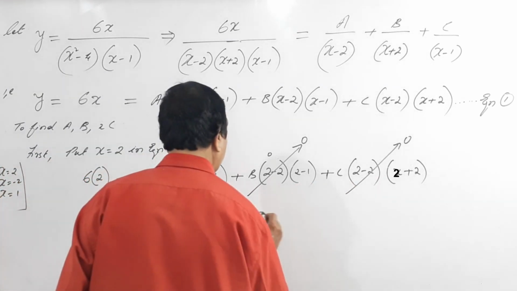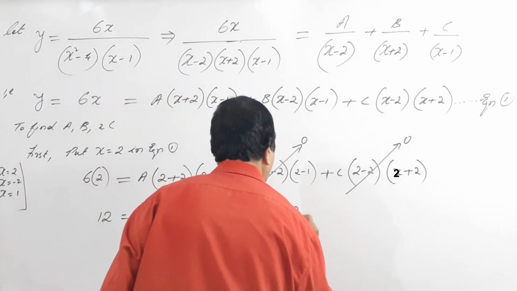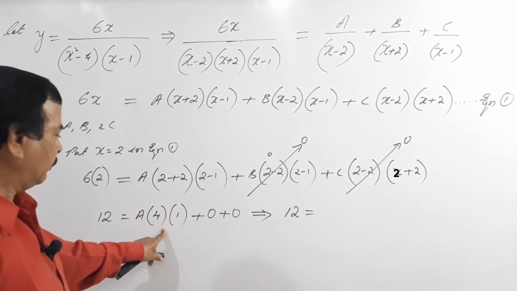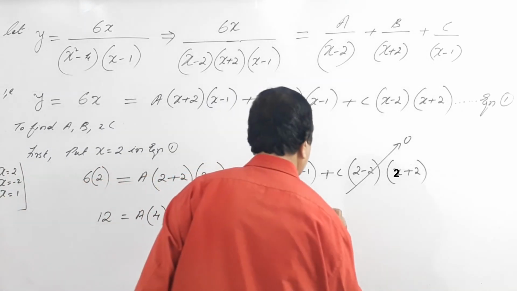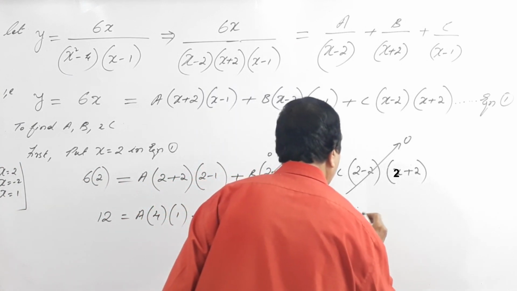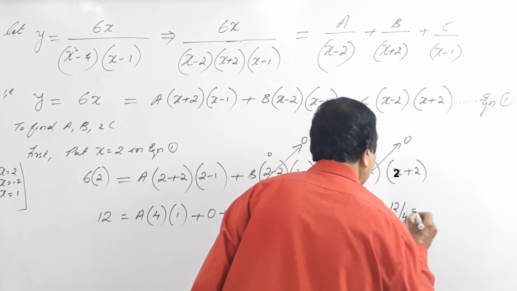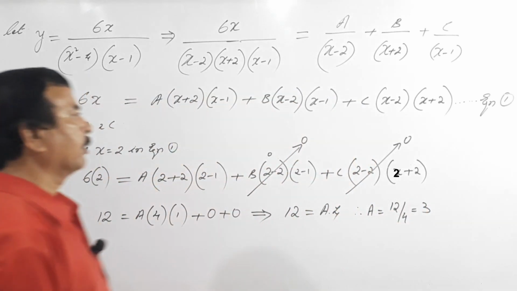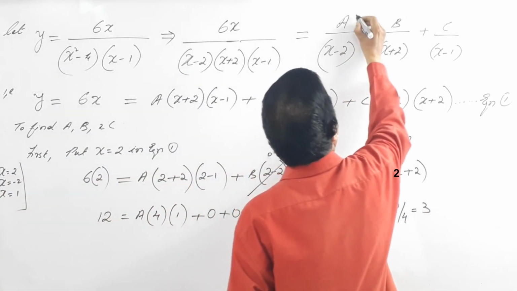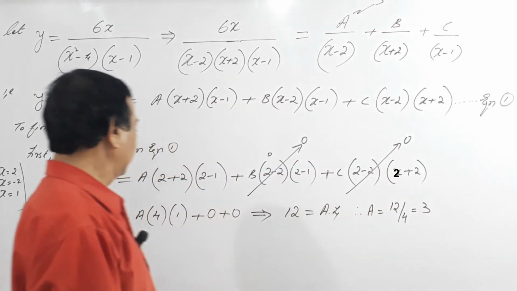So this is 12 equals a into 4, that is 4a. Therefore a equals 12 by 4 equals 3. So we have got the value of a, this is nothing but 3.